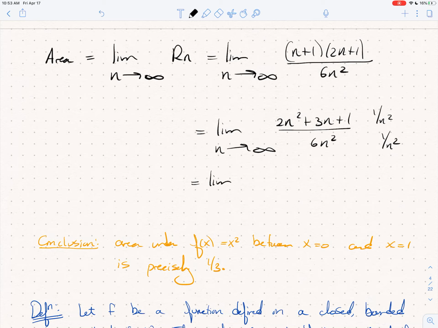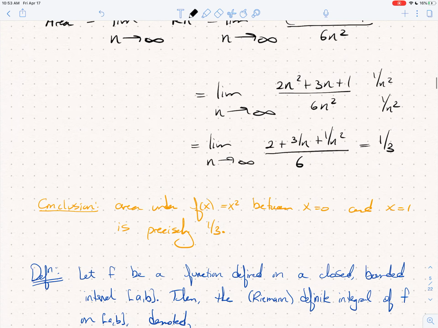And so I get the limit as n goes to infinity of 2 plus 3 over n plus 1 over n squared, all over 6. As n goes to infinity, this goes to 0, this goes to 0, and so I'm left with 2 over 6, which is 1/3. And so the conclusion, here we go, the area, the precise area under x squared between 0 and 1 is precisely 1/3.